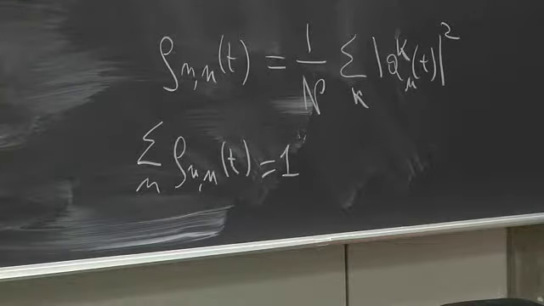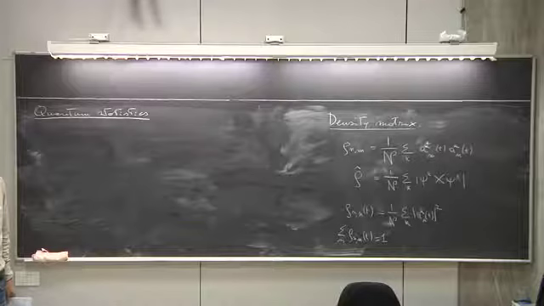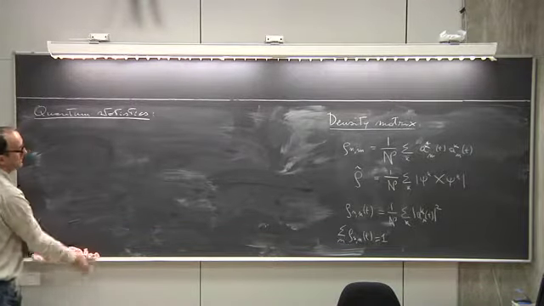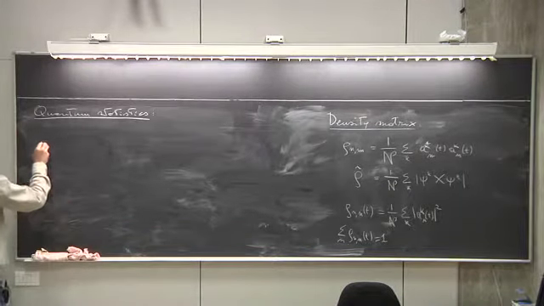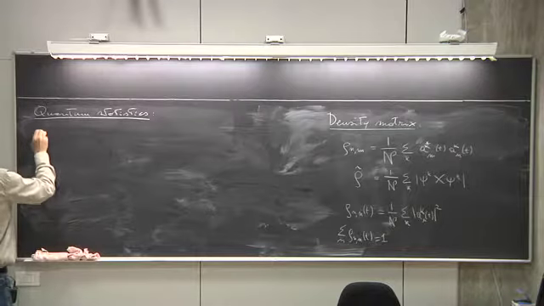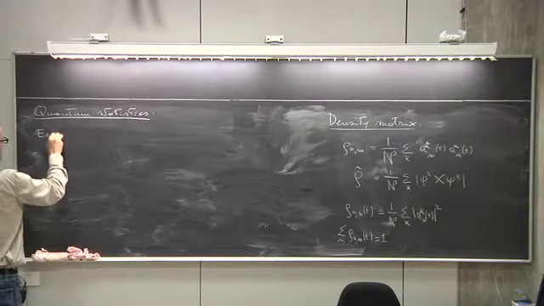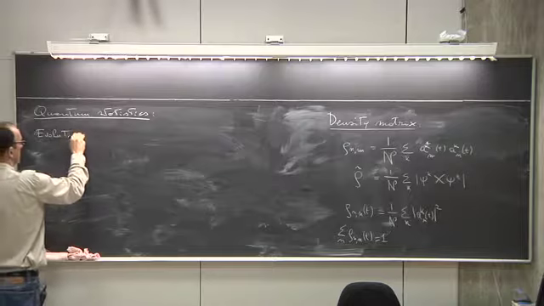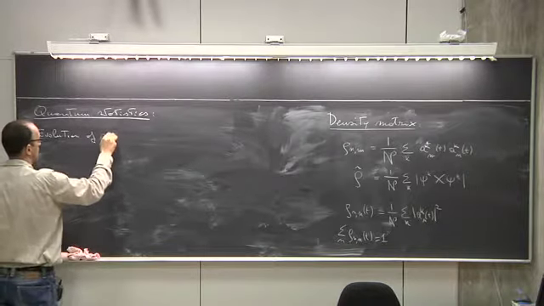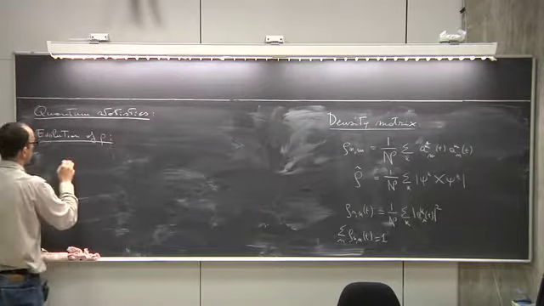The other important property of the density matrix is its evolution. Was there a question? No. Okay. So how does the density matrix evolve? So the evolution of rho.